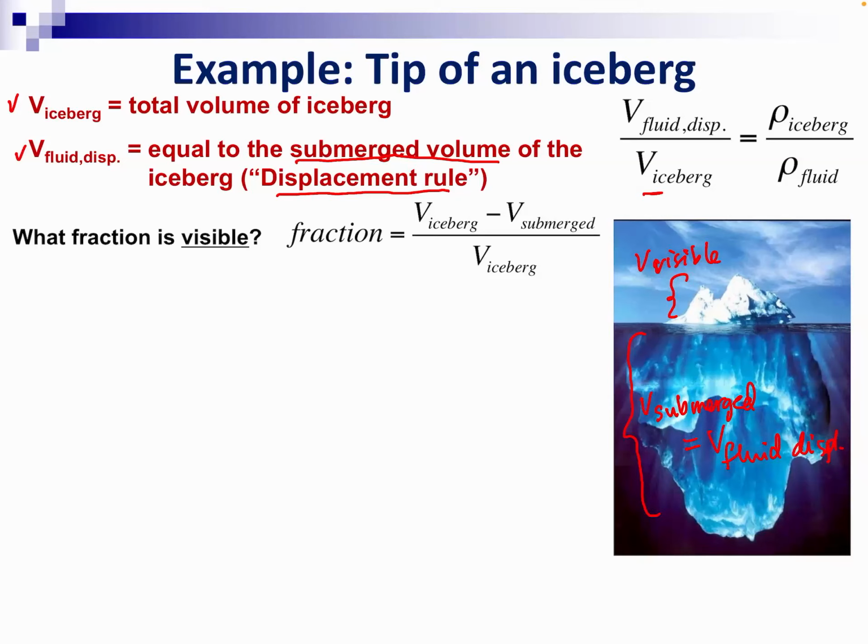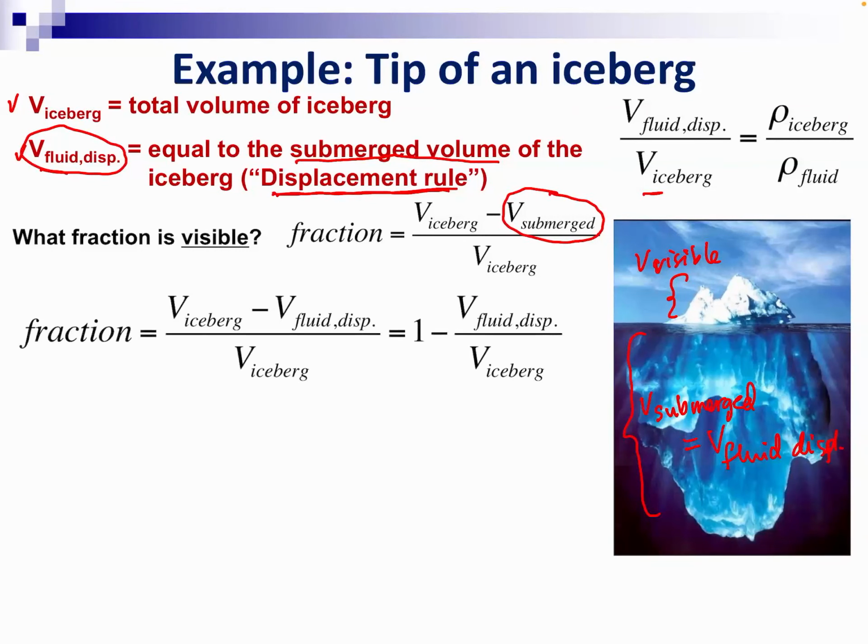Yeah, the displacement rule, as we've stated up here, says that the volume of the submerged object, the volume of the submerged iceberg, will be equal to the volume of the fluid displaced by that submerged bit. And so we can write this fraction in the form of the volume of the fluid displaced by the submerged iceberg.